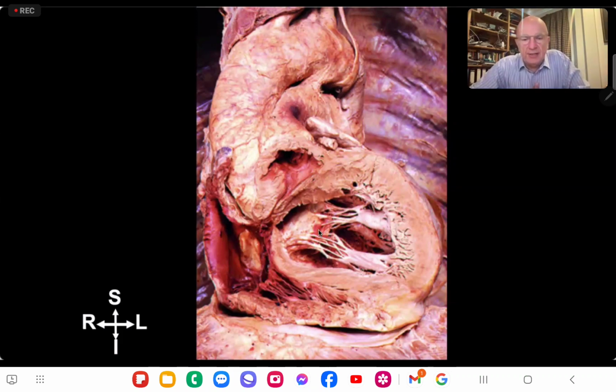If you look at the mitral valve here, you can see that there are some strings. These strings are the chordae, and they attach from the mitral valve leaflets to the papillary muscles, which in turn attach to the myocardium.